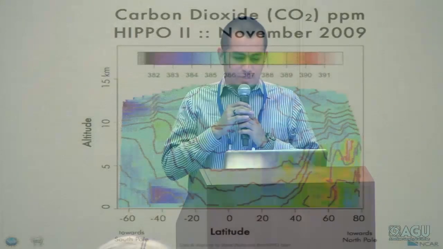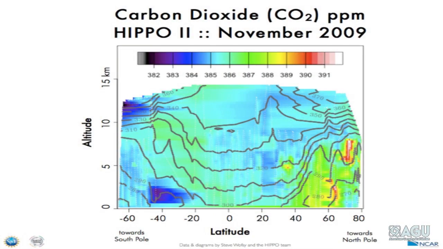Some examples of the data that we produce during HIPPO. This is, for example, a curtain plot of carbon dioxide. This is just one season of HIPPO, taken in January 2009. And you can see the distribution of HIPPO from the North Pole to the South Pole. You can see where the CO2 is being created and where the CO2 is being consumed.